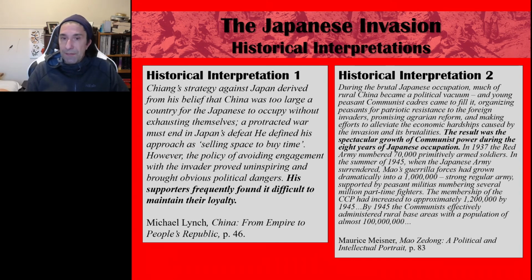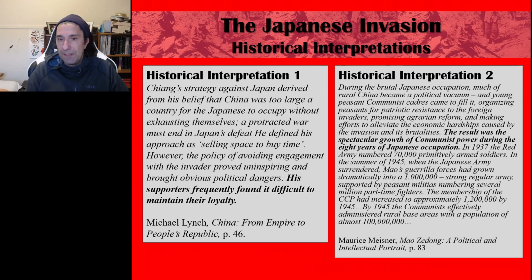In 1937, the Red Army numbered 70,000 primitively armed soldiers. In the summer of 1945, when the Japanese army surrendered, Mao's guerrilla forces had grown dramatically into a 1 million strong regular army, supported by peasant militias numbering several million part-time fighters.